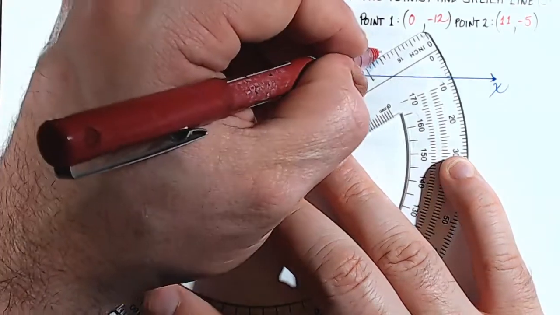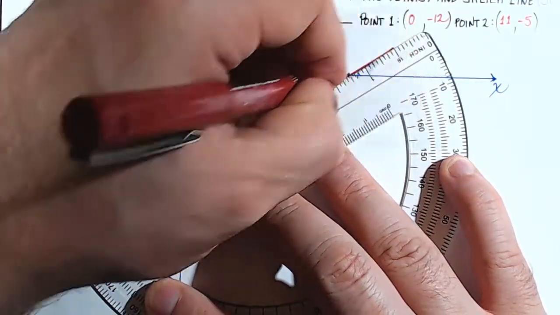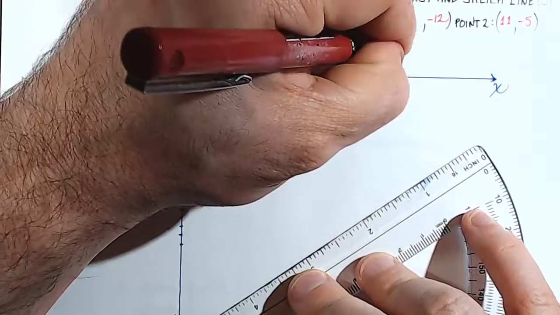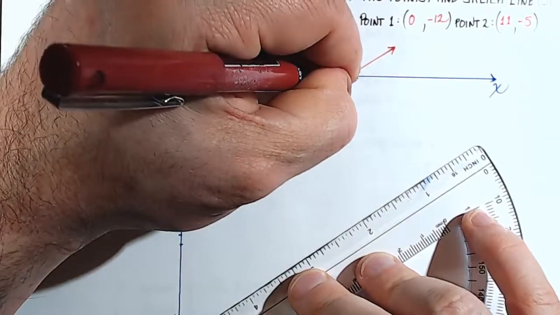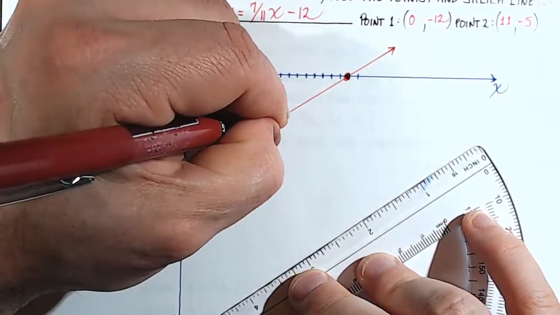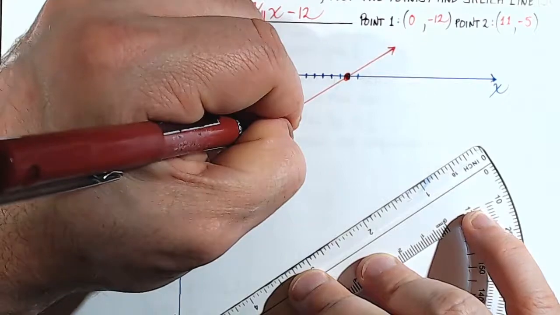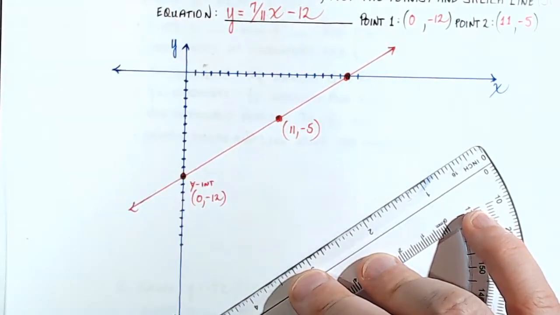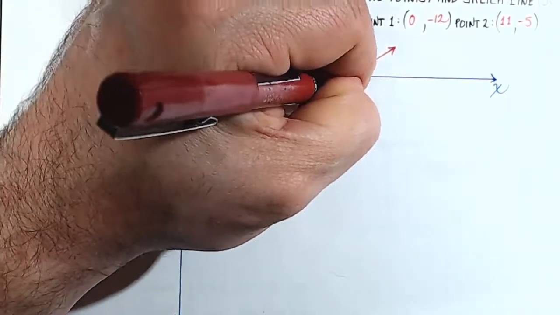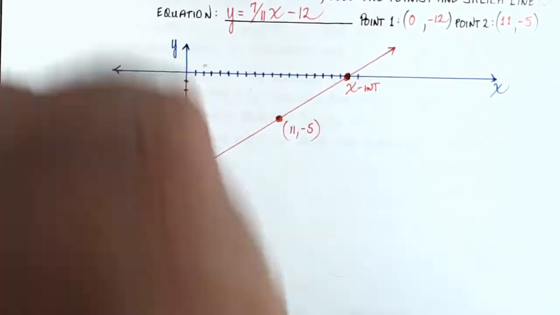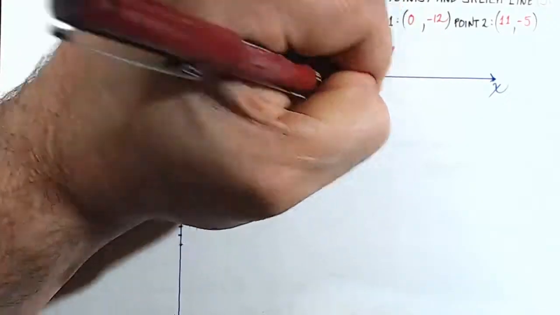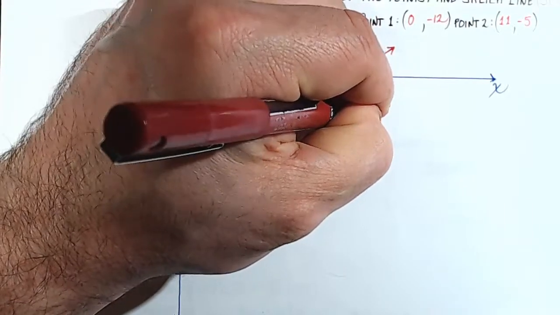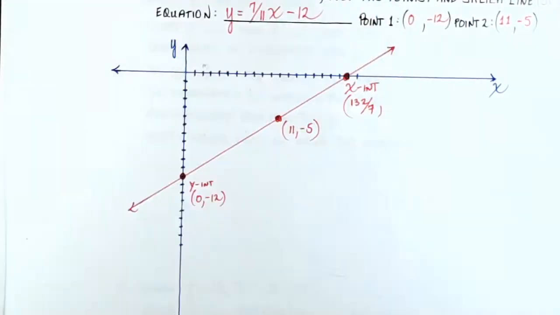Okay, so I'm going to draw this line now. Okay, so there's my line. And we'll make this bigger now that we have it plotted. So this is point 2 here at 11, comma, -5. And the x-intercept, x-int at, and here I'm going to leave it as an improper fraction, 132/7, comma, 0.